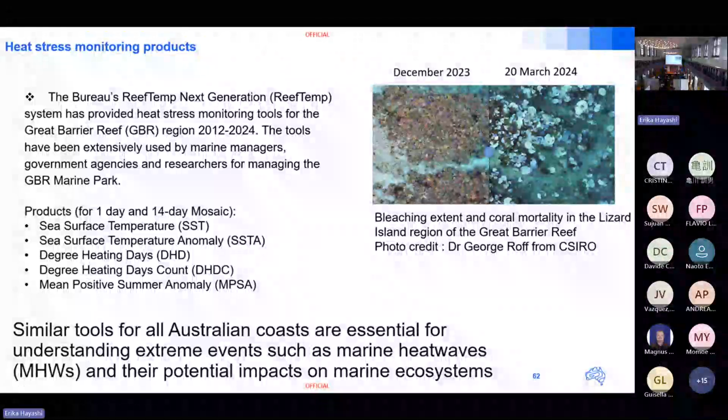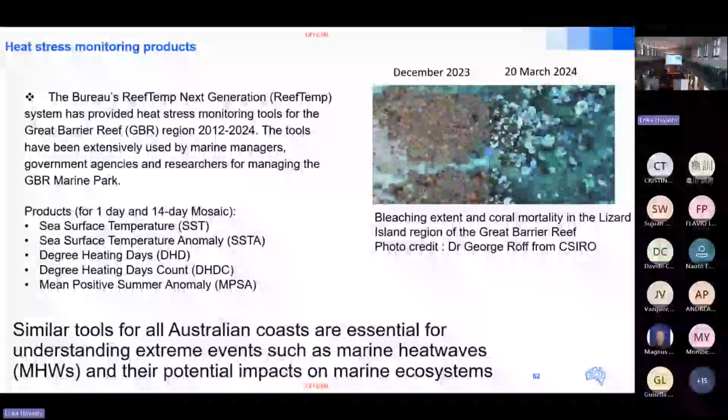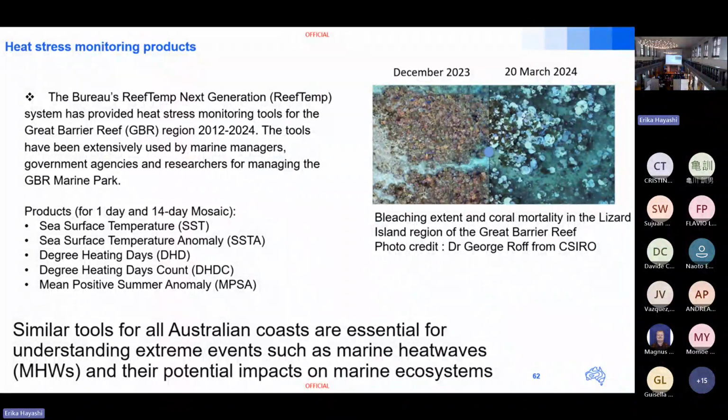These tools are now handed to AODN, the Australian Ocean Data Network run by IMOS, and they are running that system. But there are known issues with this system, and as a phase 2, we are trying to improve those products. I'm going to talk about those products today.